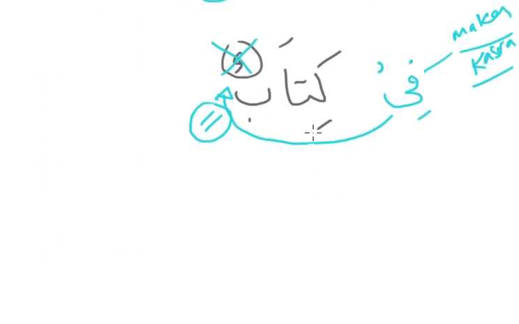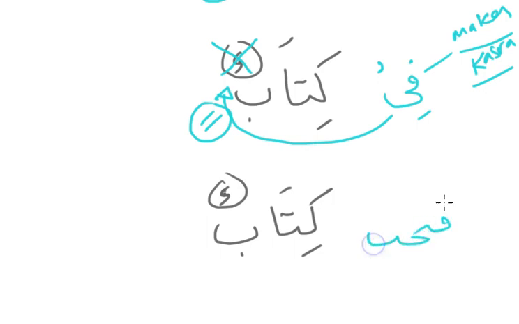Okay, let's give another example. Let's say, for example, we write the word kitab again. So kitabun. This is my short way of writing bun, two dhammas. If we have the word fatahtu, fatahtu means I opened. It's a verb. So I opened, fatahtu.